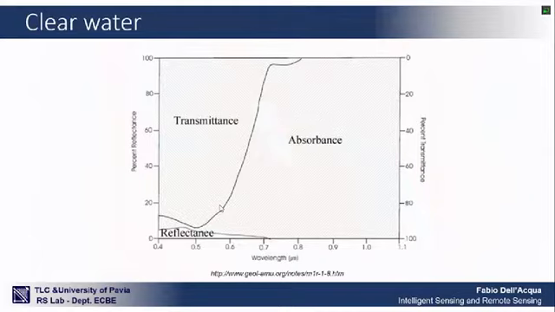If I look at a reflected radiation on water, I'm not looking at what is not absorbed. I'm looking at what is not absorbed and not transmitted. And transmittance in water is a relevant contribution because water, at least in the optical domain, is transparent, right? So a lot of energy is not absorbed, it sinks into the water body. And so what I measure as a reflection is not directly related with absorption.